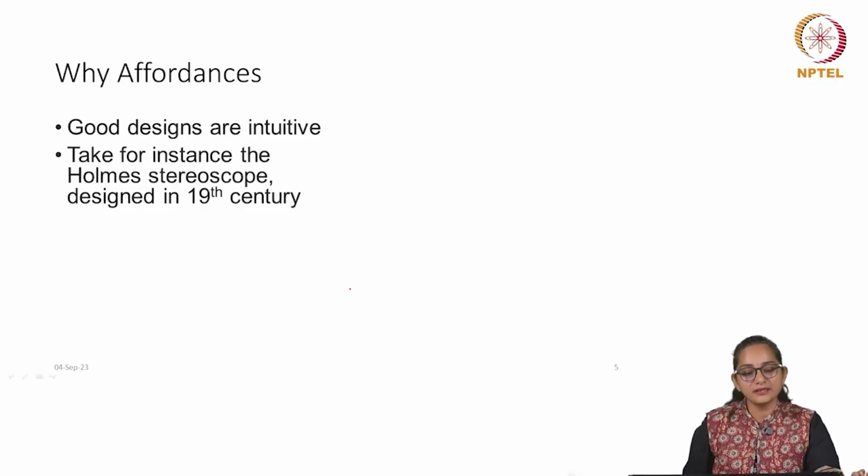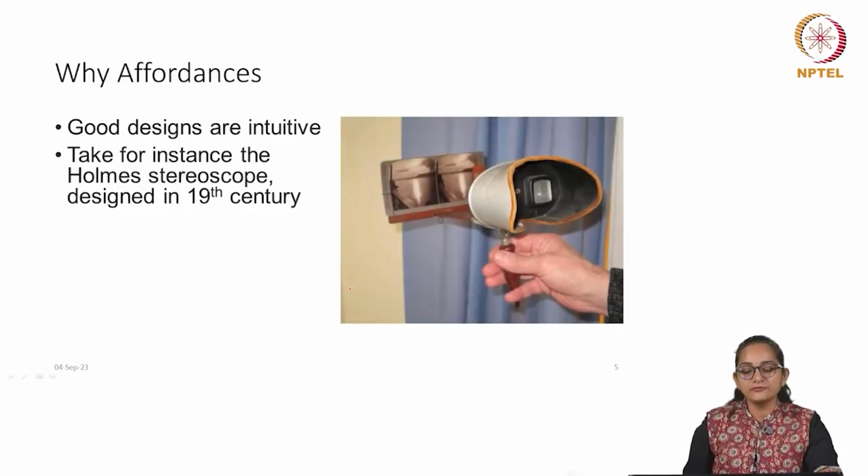So, let us again take an example. If we look at this image, what do you think this is? This is an image of a stereoscope designed in the 19th century.